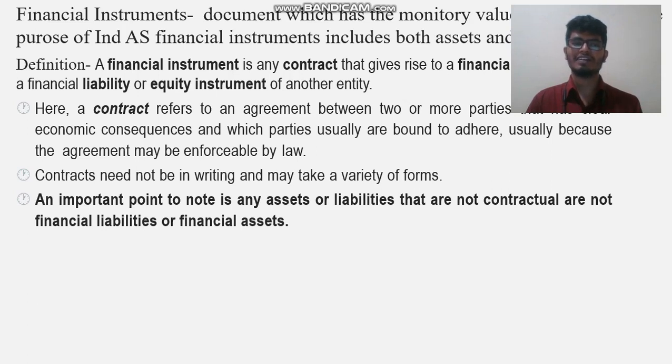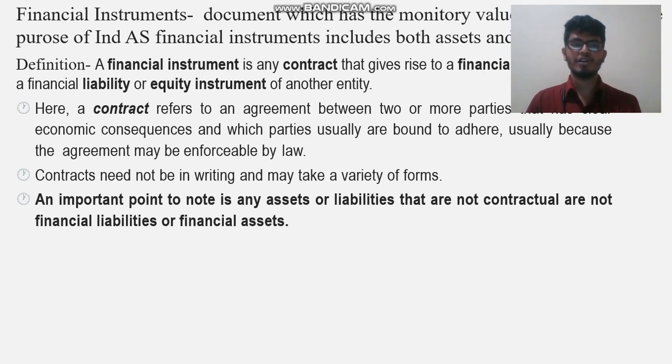Chances of default are very less. Contracts need not be in writing and may take a variety of forms. So contract means you shouldn't think it should be in writing. It takes a variety of forms. If you studied contracts and the types of contracts in business law, you can understand it there itself.